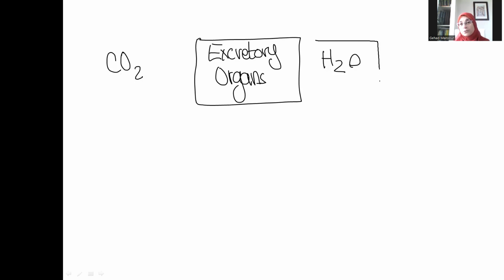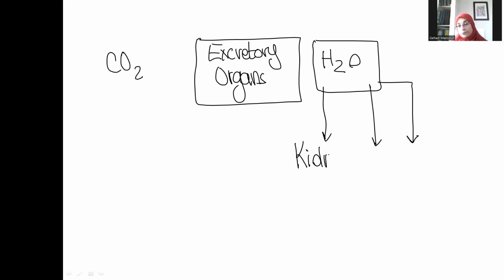First of all, water. We have three major organs that help excretion of water. The first one is the kidneys. The second one is the lungs, and the third one is the skin.